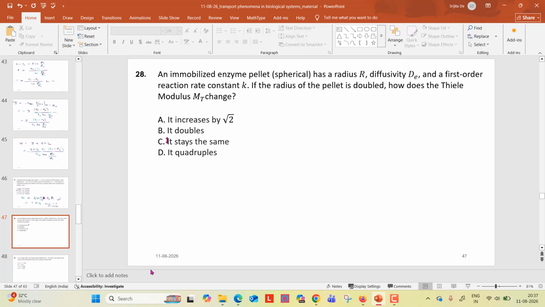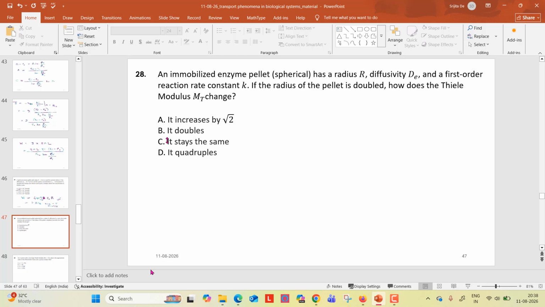An immobilized enzyme pellet has a radius R, diffusivity D, and a first order reaction rate constant K. If the radius of the pellet is doubled, how does the Thiele modulus change?